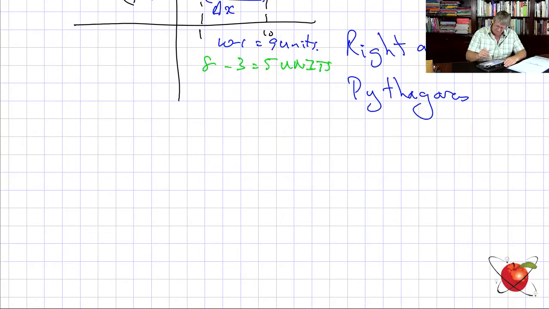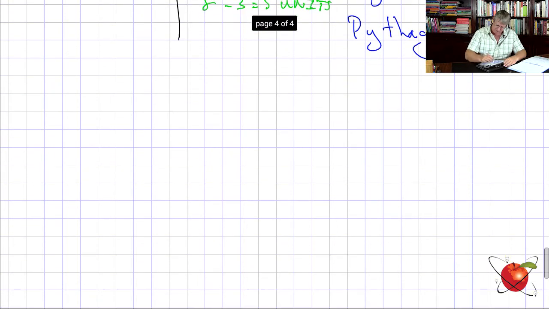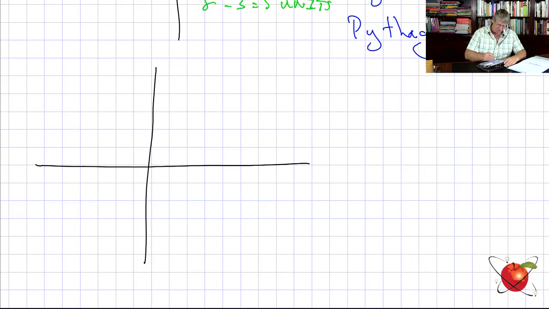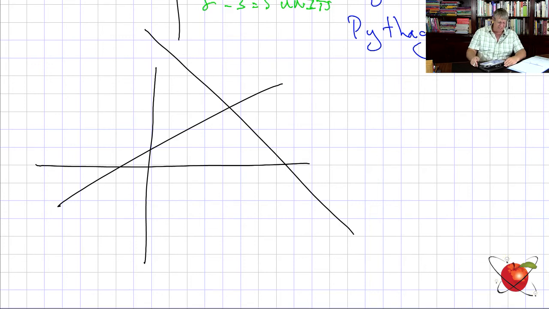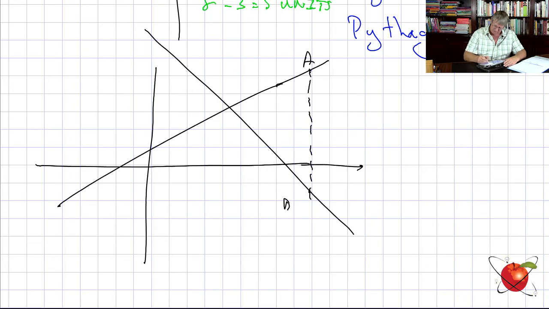So let's have a look. What if they gave this then? Let's put 2 graphs. I'm going to do a graph through here, and some graph going down there like that, and I'm going to give us point A over here, and point B down there. Let me label x-axis, y-axis, origin.